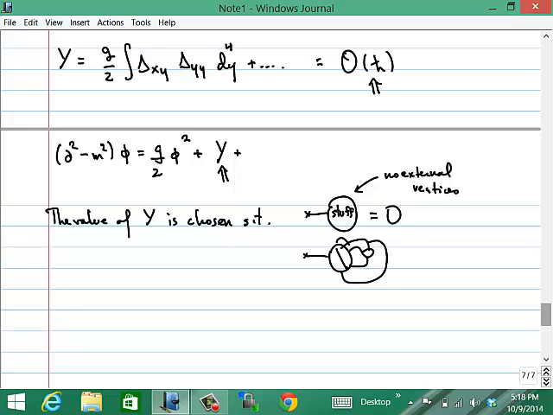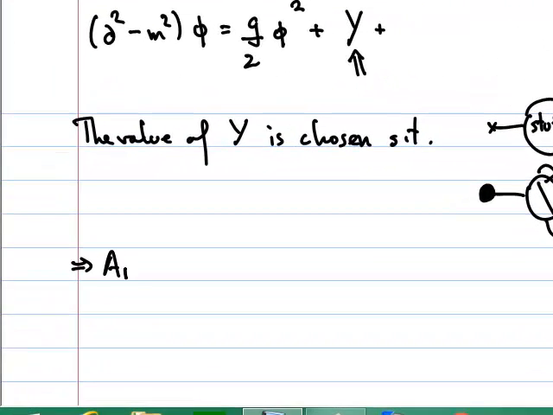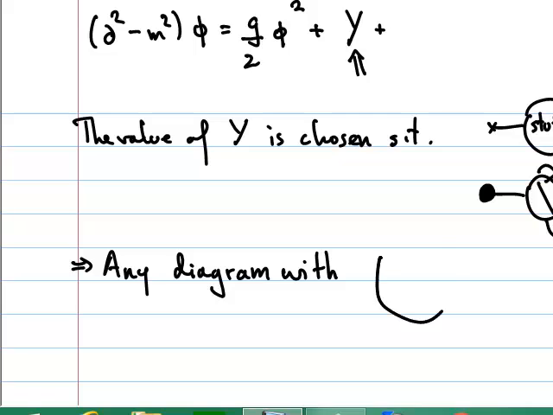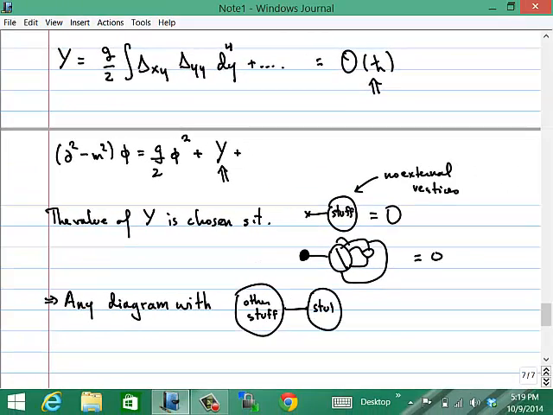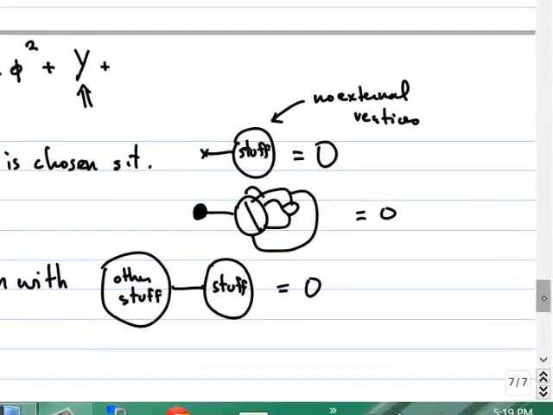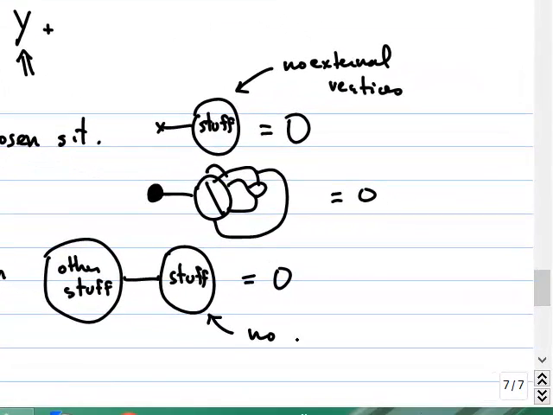And in particular, because we could have any external source here, we could have included any j of x here, this means that any diagram which takes the form of, say, anything connected to that same stuff has to be equal to 0, provided that the stuff over here has no external vertices.